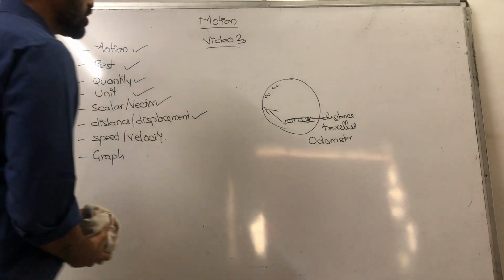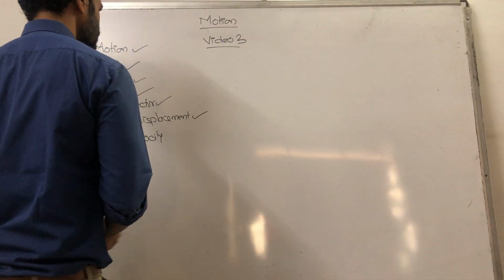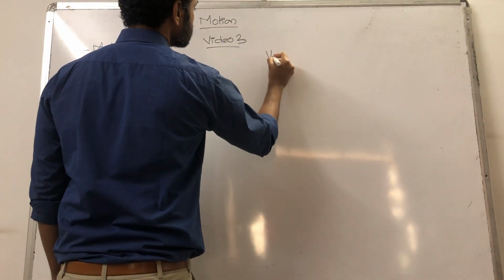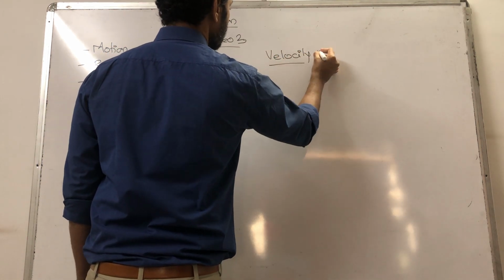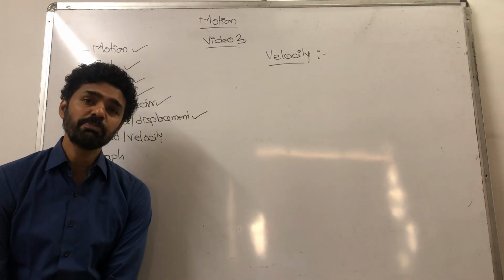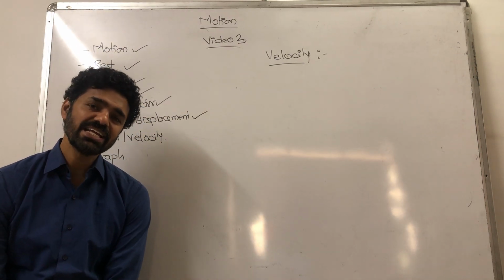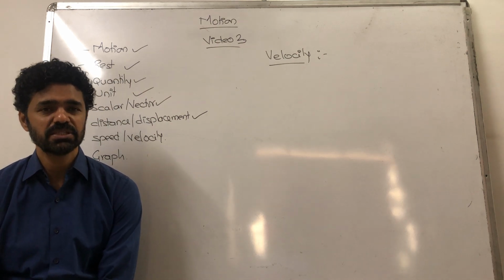Now coming to the next topic, velocity. How did we define speed? We say speed is change in distance with respect to time, that is, rate of change of distance.